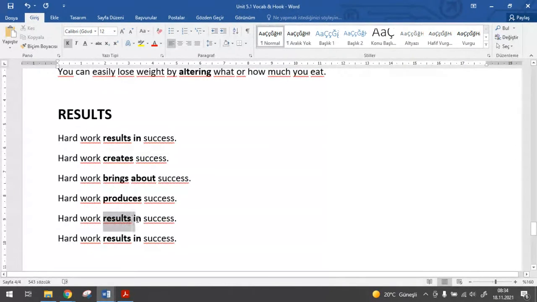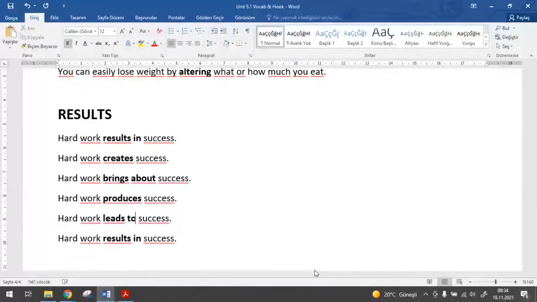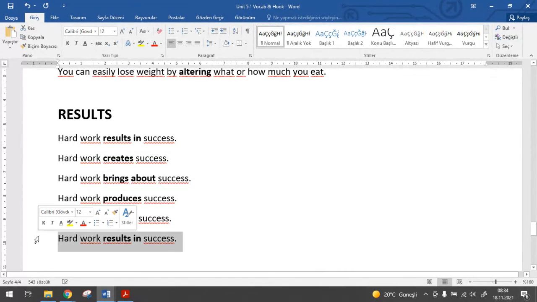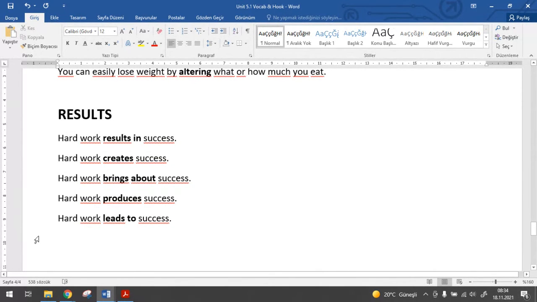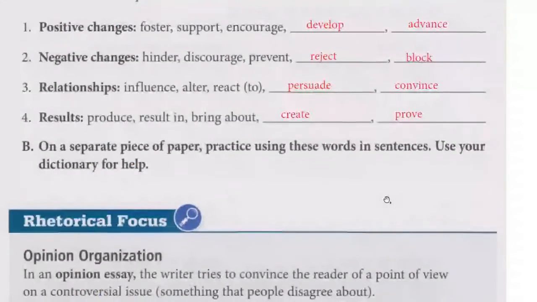One more, let's write one more. Hard work leads to success. It's a good idea to start using some of these.